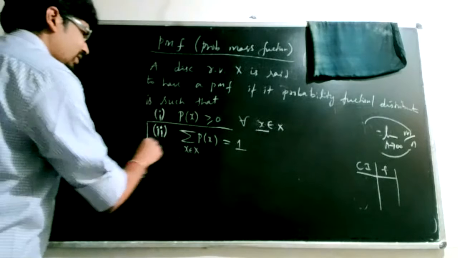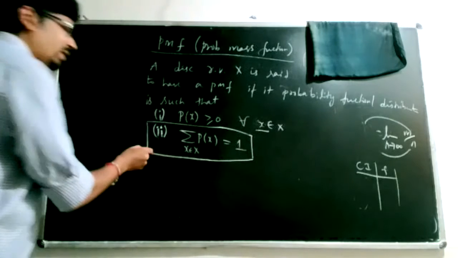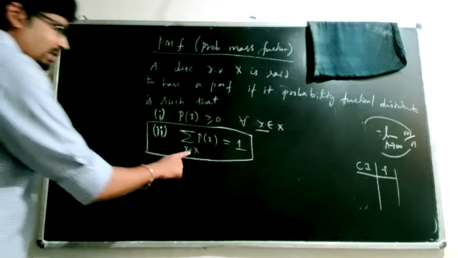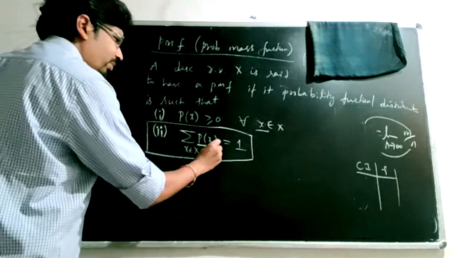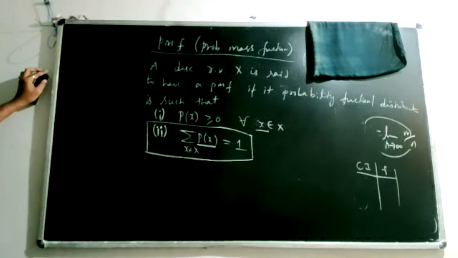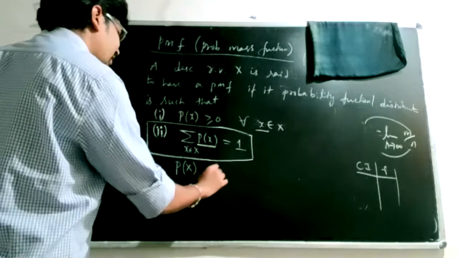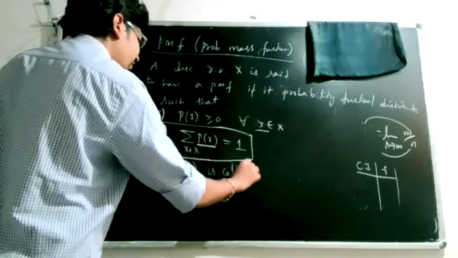But the required condition is that if you have obtained the probabilities for all possible values of x, and you compute the total probability, that should come to 1, then our function p(x) is called a PMF.